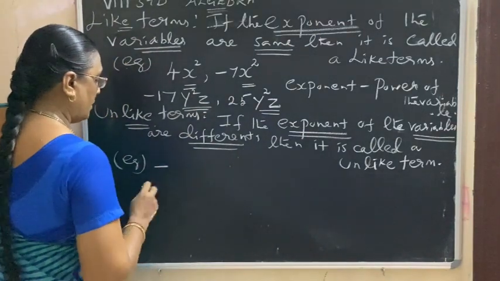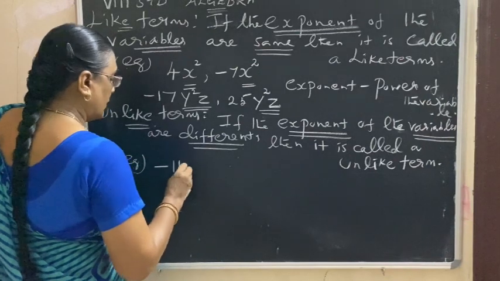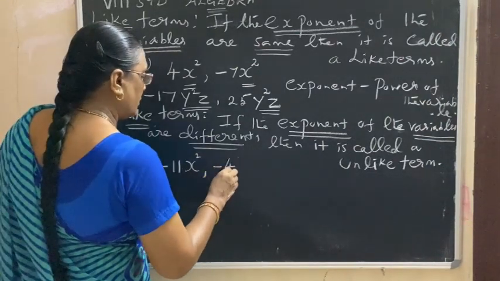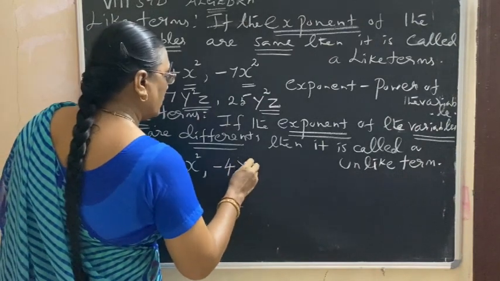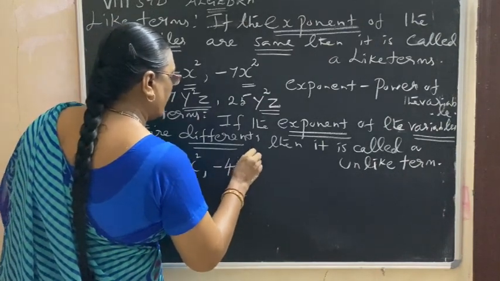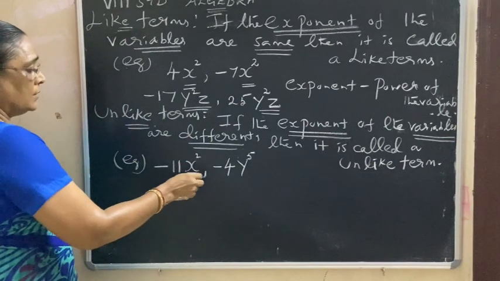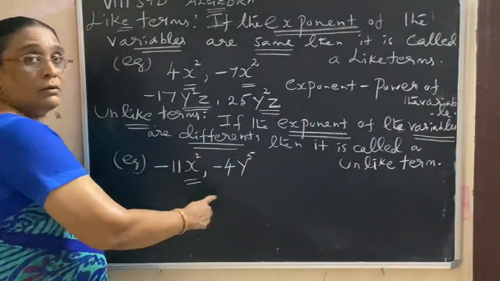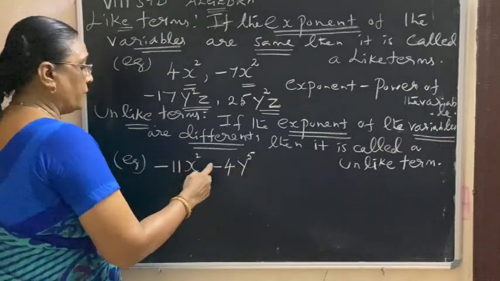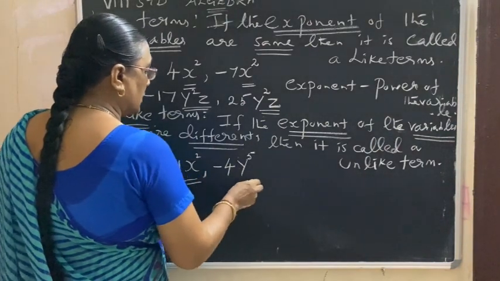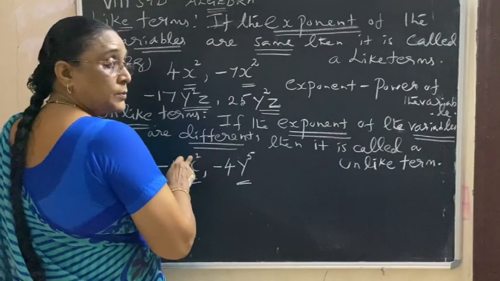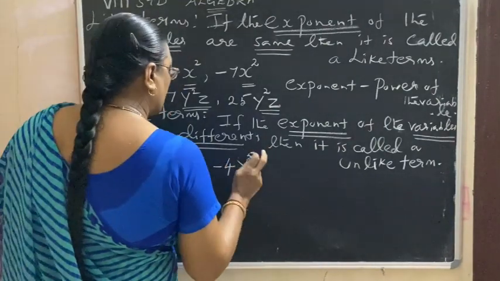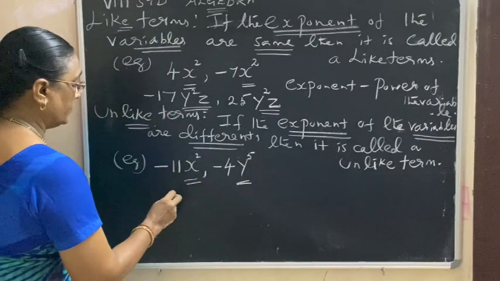You can write minus 11x square and minus 4y power 5. All of you listen here. The variable is also different and the exponent is also different. The variable here is x and here is y, and here the exponent is 2 and here the exponent is 5. So this is called an unlike term.